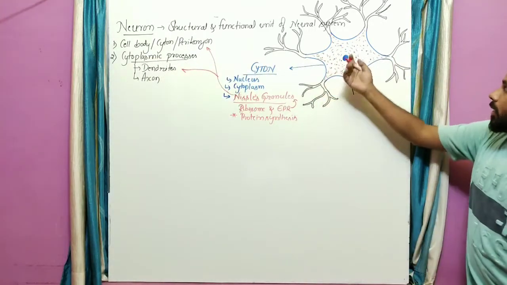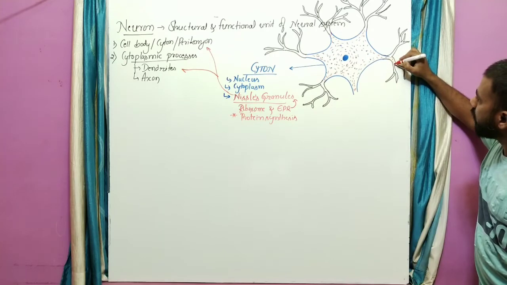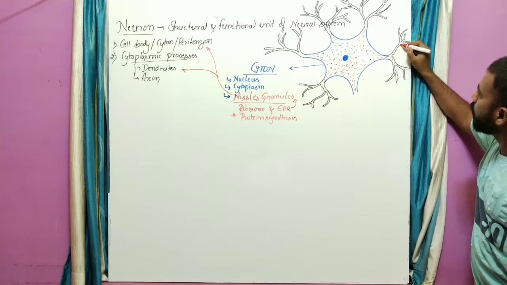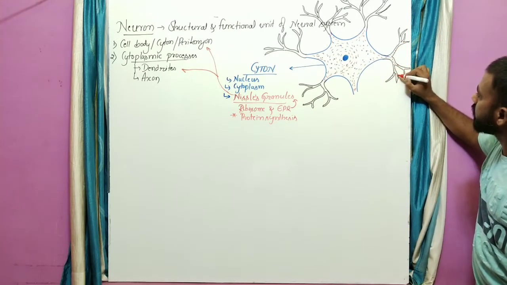Here, as I said earlier, the Nissl's granules extend, meaning they are also found in the dendrites.